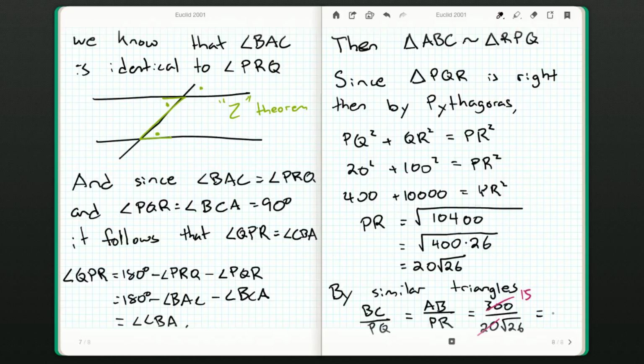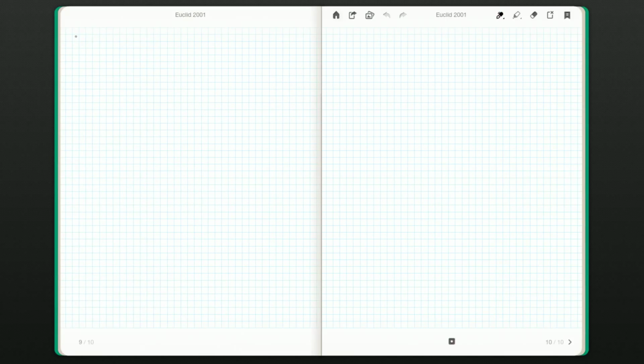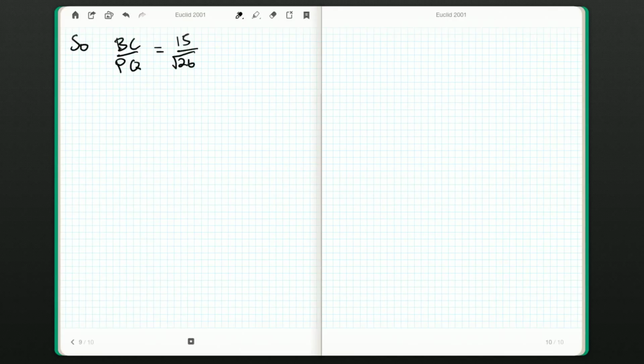And now we know the ratio between BC and PQ. And we know what PQ is. So BC, again, the one we want, to PQ is 15 over root 26.